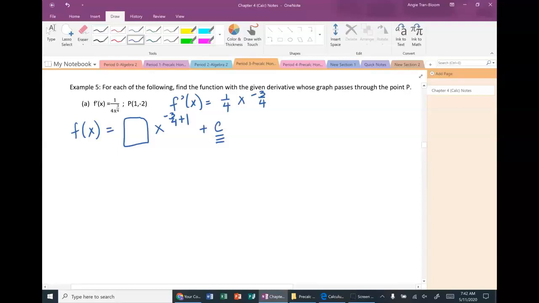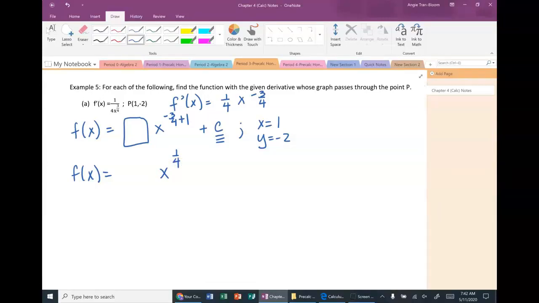So with that said, you are given a point. X is going to be 1. Y is going to be negative 2. Let's see what's happening when you add negative 3/4 and 1. So f of x equals, there is a number in the front, the leading coefficient. If I add negative 3/4 plus 1, I will have a positive 1/4.